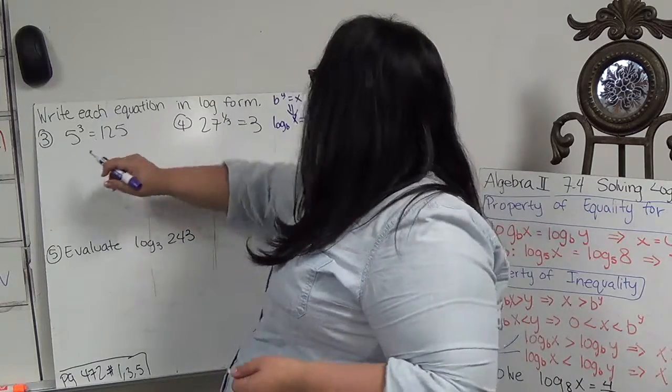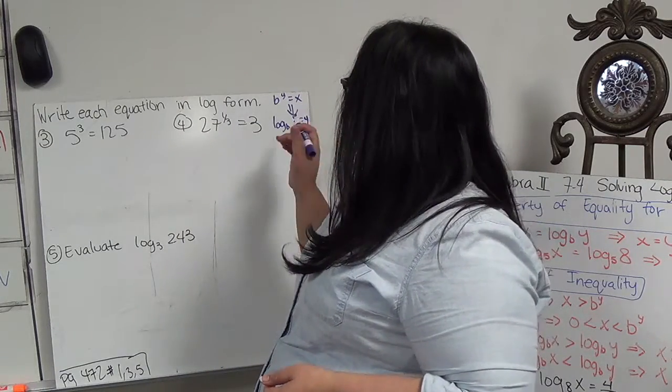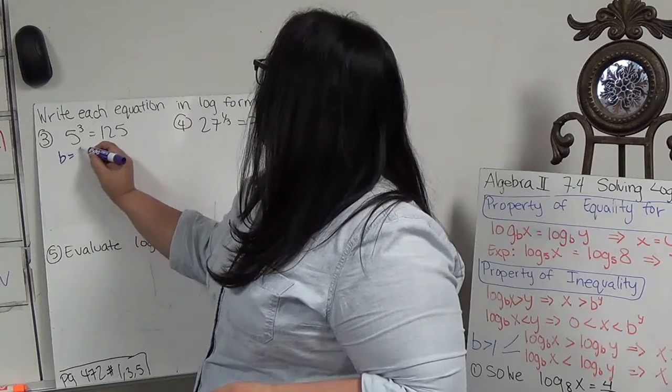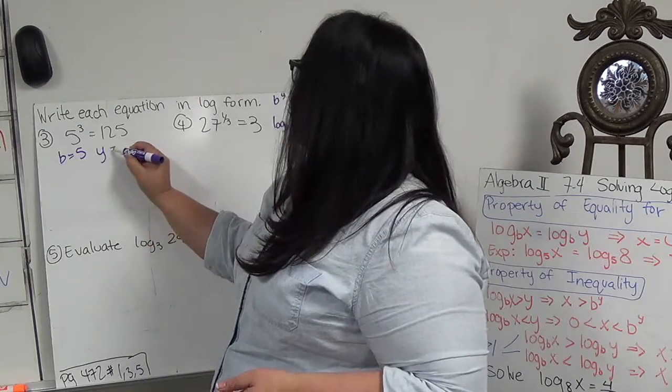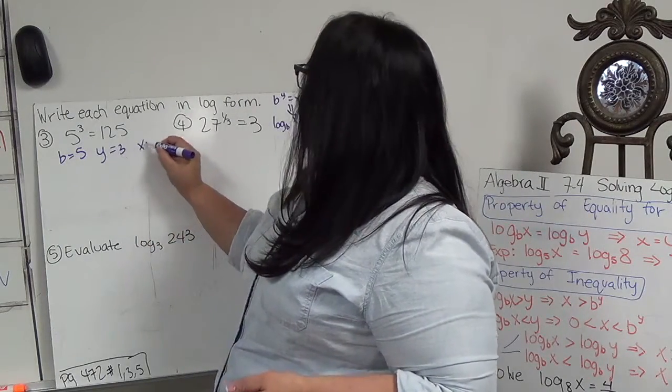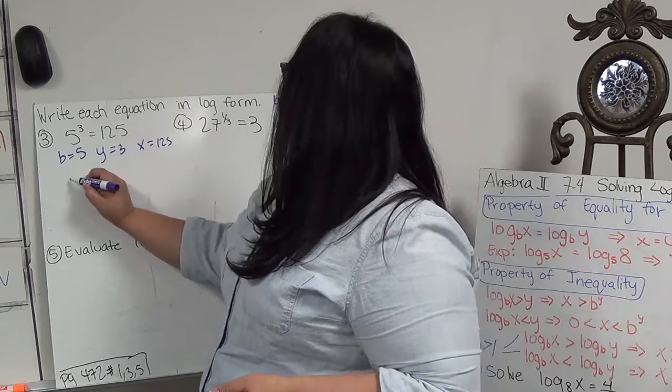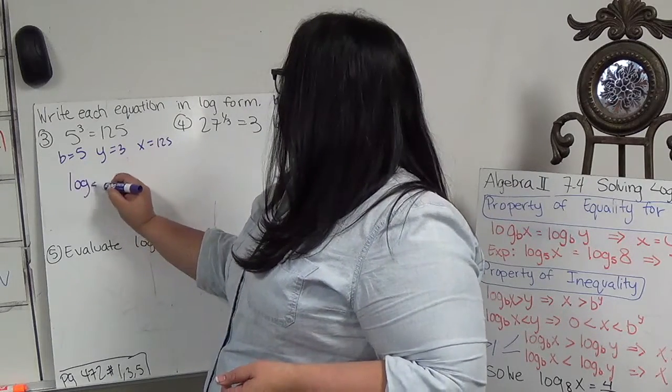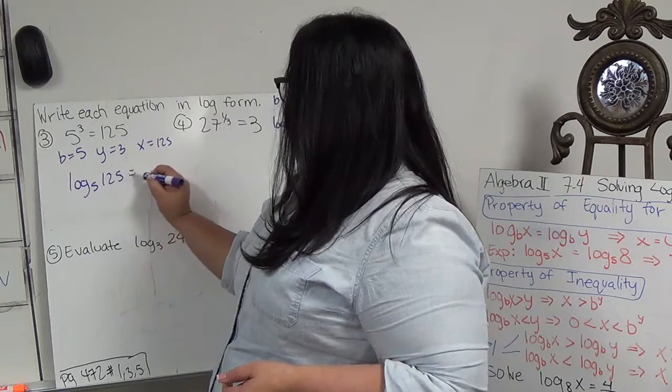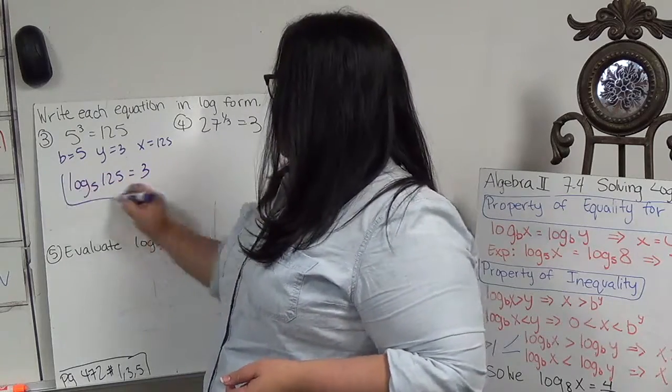So b equals 5, y equals 3, and x equals 125. So this would be log base 5 of 125 gives me 3.